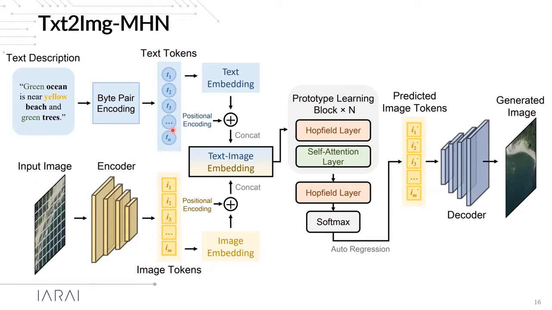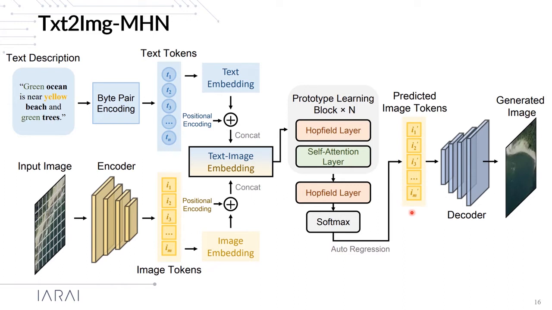For both text tokens and image tokens, we transform them into embeddings and concatenate them together. Then we feed this text-image embedding into the proposed prototype learning block, which consists of one Hopfield layer and a self-attention layer, followed by another Hopfield layer and a softmax function to conduct the auto-regression.